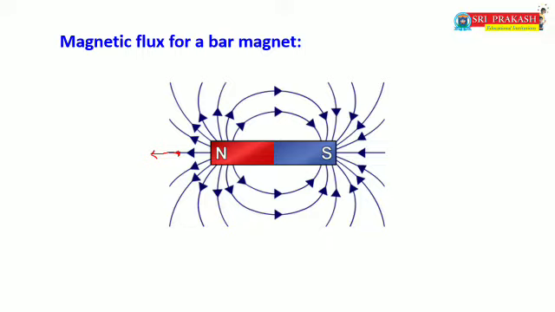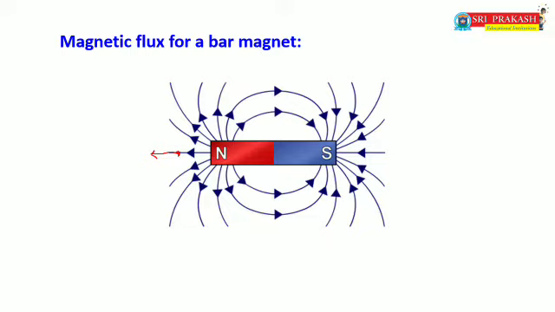Magnetic lines of force are imaginary lines drawn in a magnetic field along which 1 unit north pole will move. We can keep the 1 unit north pole at any place; the north pole of the magnet will repel it and at the same time the south pole will attract it.